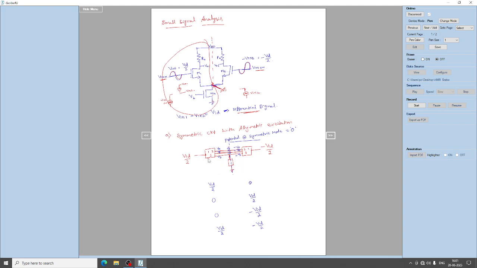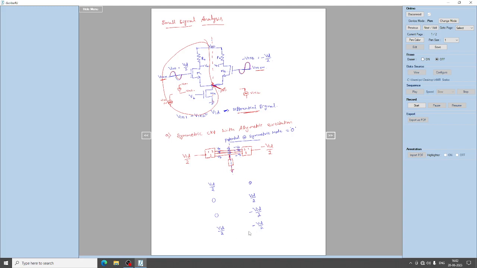For example, first we give input VID by 2 to the left amplifier, and the input for the right amplifier is 0 for the first time, and the output for the left amplifier is Vx, Vy and Vz. Similarly, if I keep the left side input 0 and the right side VID by 2, it is the same Vx, Vy, Vz. If it is minus VID by 2, it is minus Vx, Vy and minus Vz.